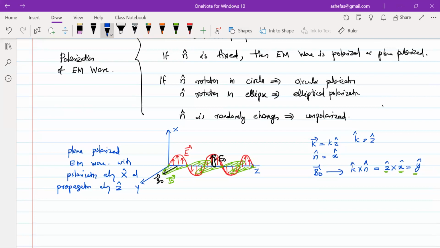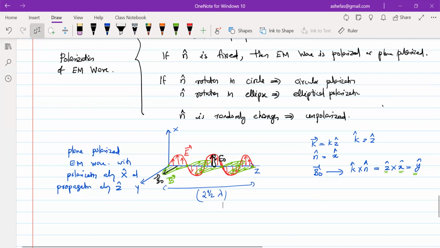Here I have shown a total of 2.5 wavelengths, and over this entire distance the electric field is oscillating along x direction only, in x and minus x direction, depending upon whether the electric field is positive or negative. But if it is an unpolarized electromagnetic wave, then it will be randomly oriented. The direction of the electric field changes at each location. So that is difficult to handle.